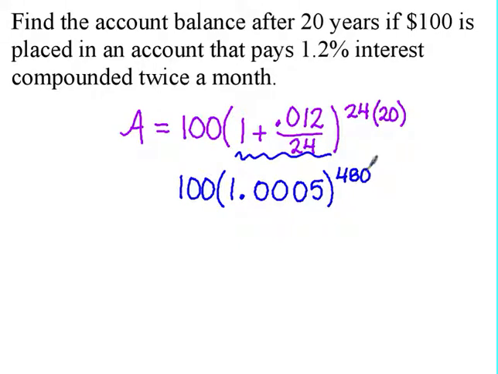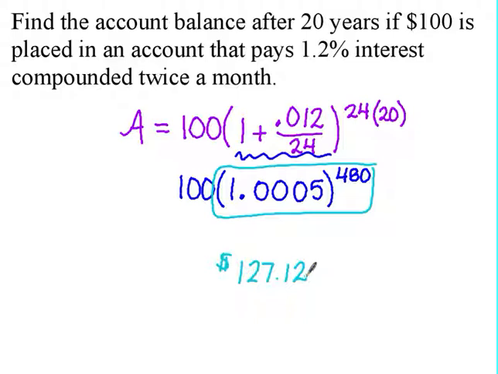Good. In order to solve this, I need to do this first, and then take your result times $100. Did somebody else get $127.12?